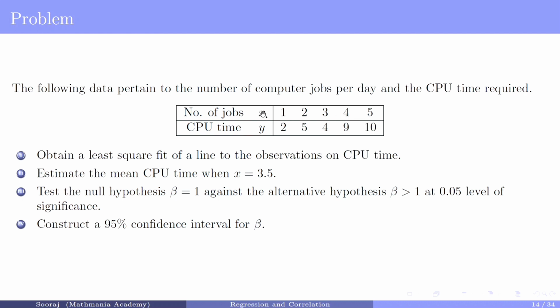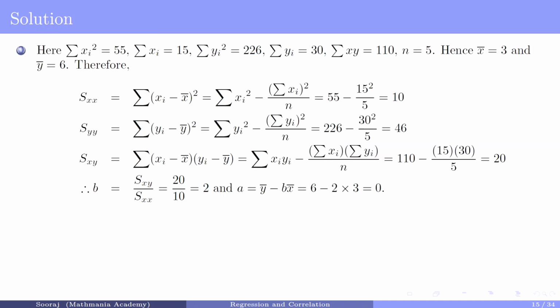Whereas if you need to find xi square, yi square and xi yi, you will have to square the terms individually and add them up. Summation xy means you will have to multiply 1 and 2 separately, 2 and 5, then 3 and 4, then 4 and 9, 5 and 10. Multiply these quantities and write them separately, that is your xi yi, and add the results. So that is how we get all these things, right?